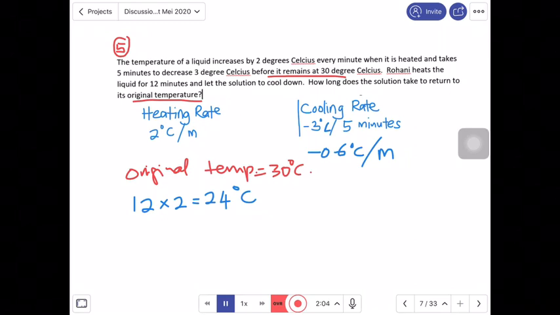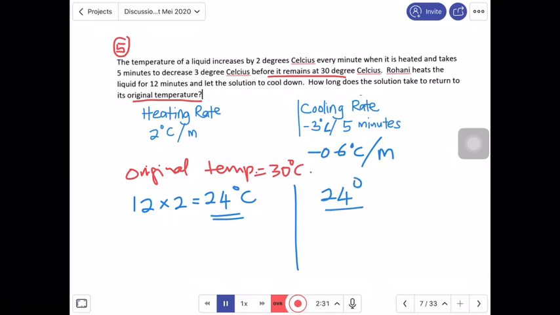And then how long it takes to go back to the original temperature. Okay, so if you increase by 24, of course you have to decrease also by 24, but because the decreasing rate is different, we have to divide 24 degrees.